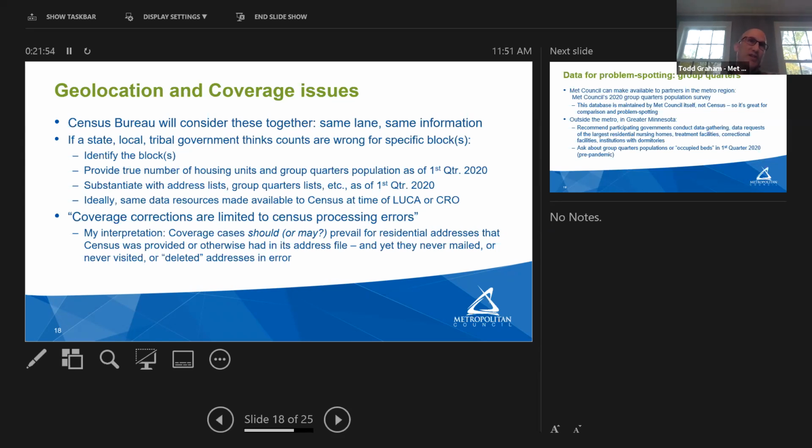Substantiate what you think is the true number with whatever administrative records databases you have, address lists, whatever. Ideally, the same data resources that were made available to Census Bureau at the time of the local update of census addresses or subsequent Census Bureau work on assembling its address list.